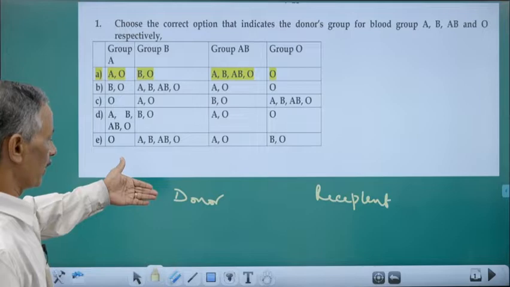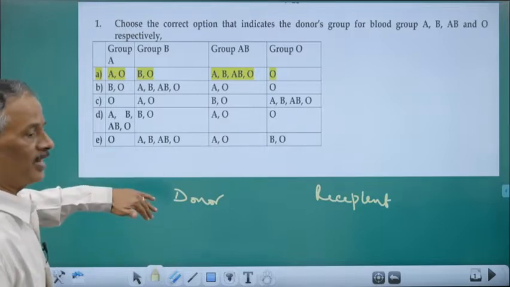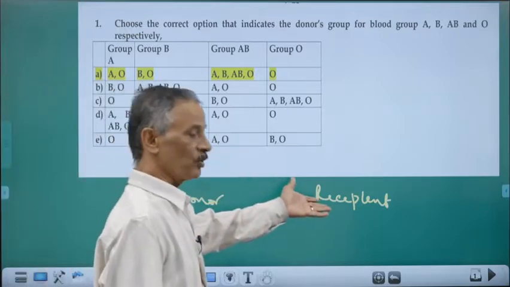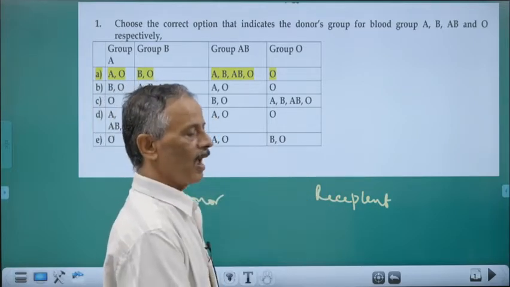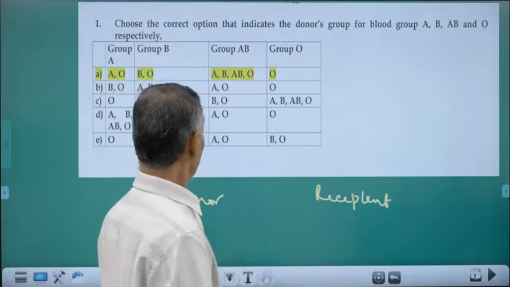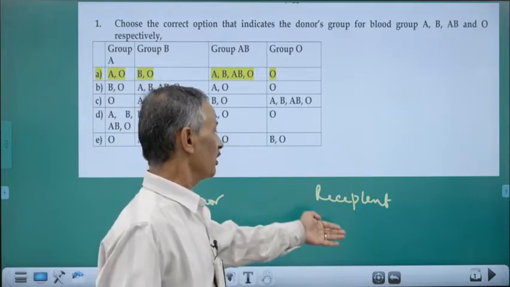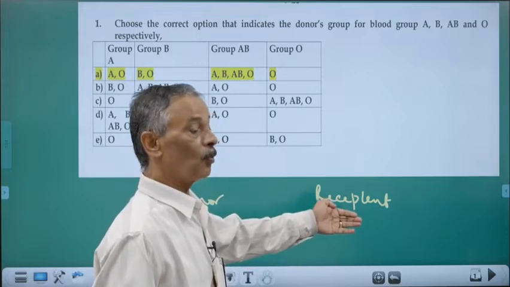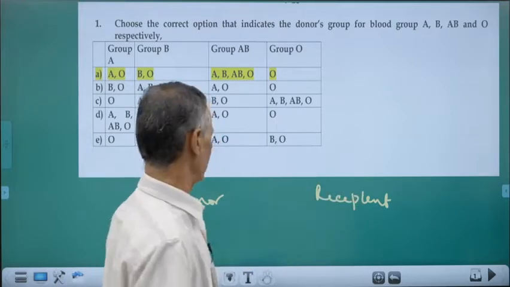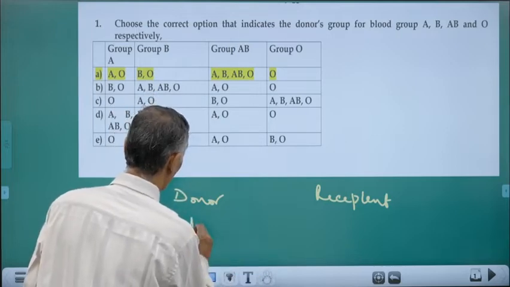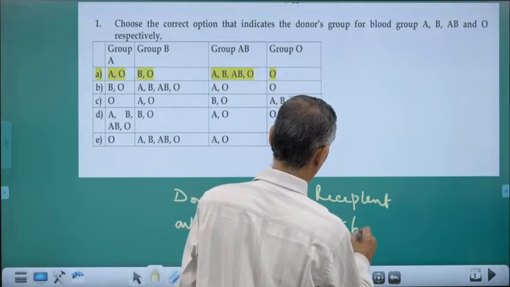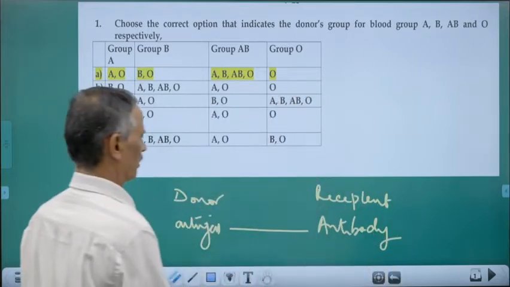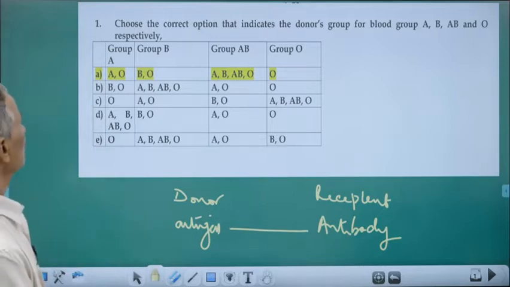One who donates the blood, that blood is having antigen and antibody. One who receives the blood, the recipient blood, is also having antigen and antibody, and reactions can occur with the antigen of the donor with the antibody of the recipient. That is more important clinically. So, antigen of the donor reacting with antibody of the recipient, that is very, very important.